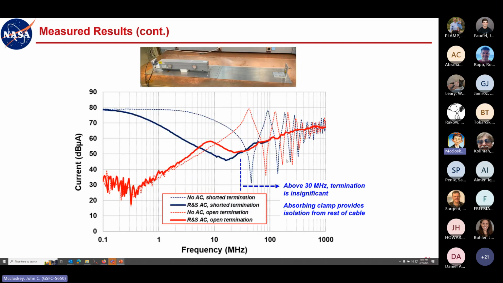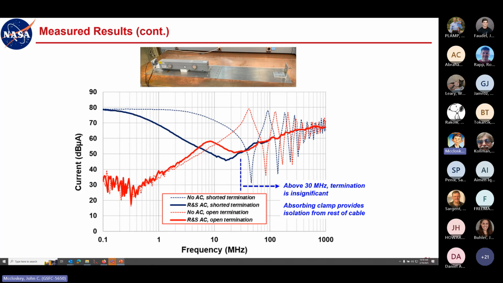Another way of looking at this is when we have either a shorted termination out here or an open circuited termination out here, we get basically the same results, whatever that termination is. So that damping impedance of the clamp basically isolates you, at least at the higher frequencies, from whatever's happening on the rest of the cable, including the termination.